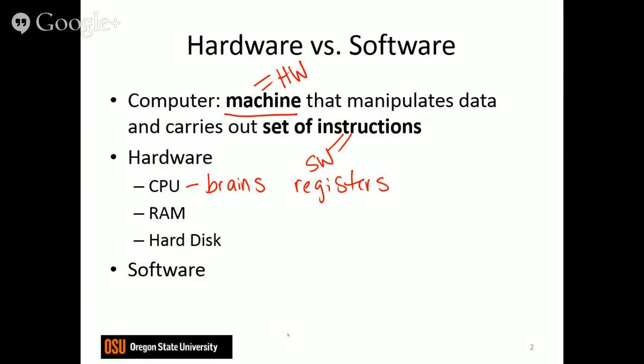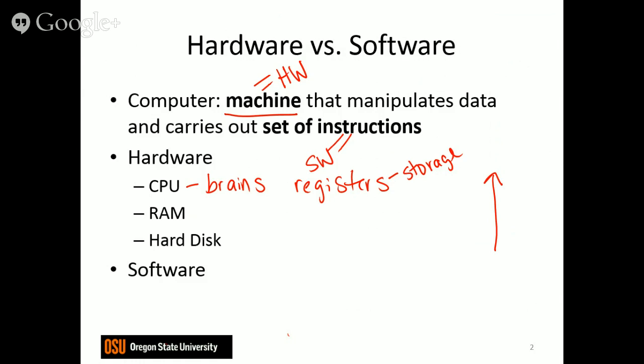The CPU sits on the motherboard, and you can have these registers that are very close to the CPU, and this is your storage aspect that's very, very close to the brains or the processing.